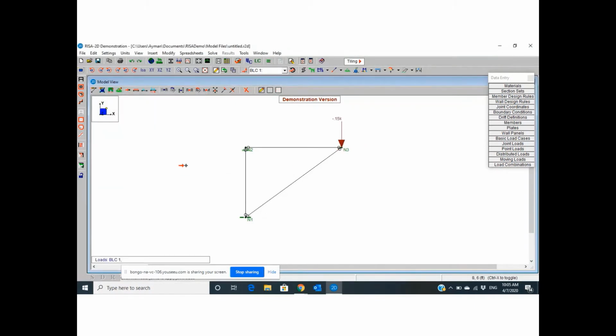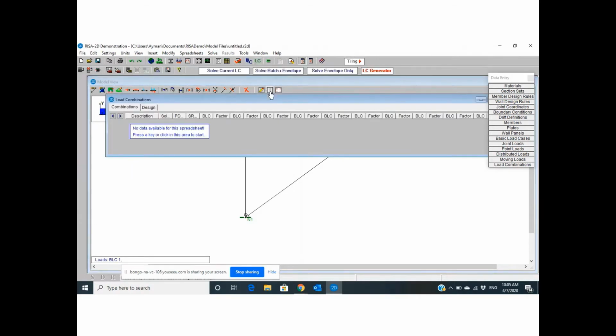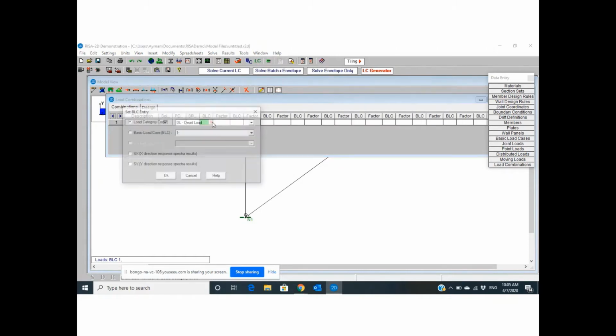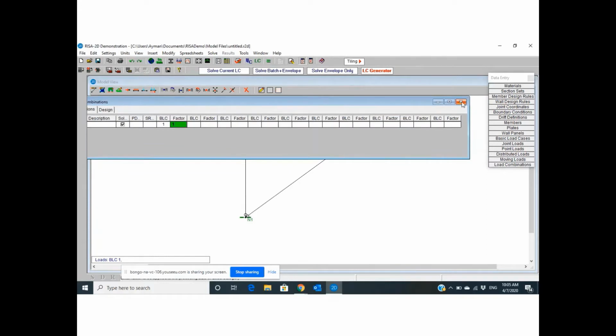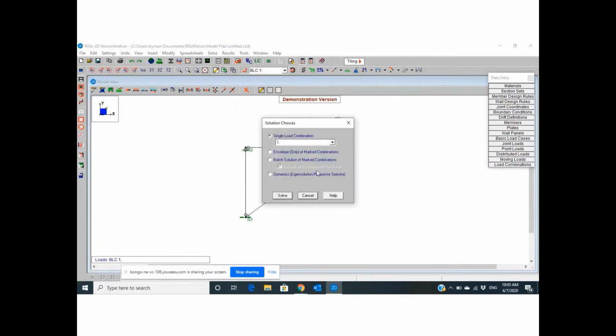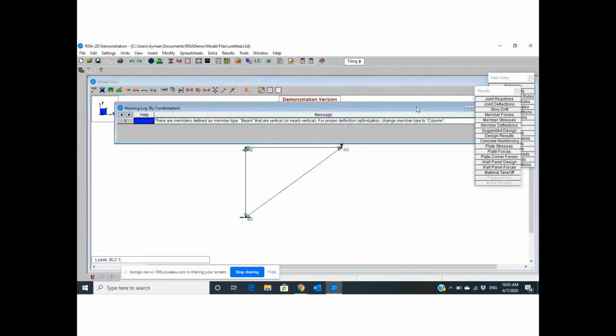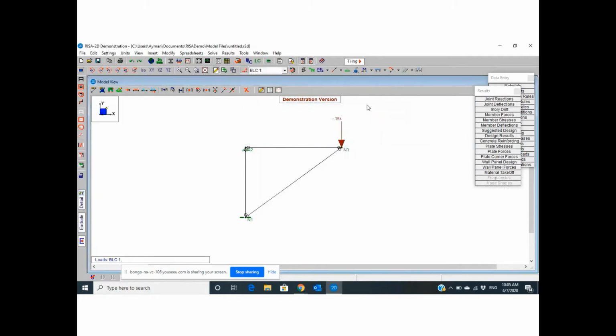There you go. Before solving, we need to make load combination. For the first basic load case, we need to select load case 1, and the scale factor is 1. Then start to solve, and you can show up your results.